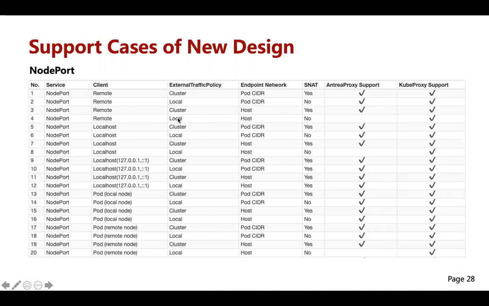That means the packet needs to preserve its source IP address, and its destination is on hostnet. Then the response packet won't be routed into OVS, and the connection will be broken.